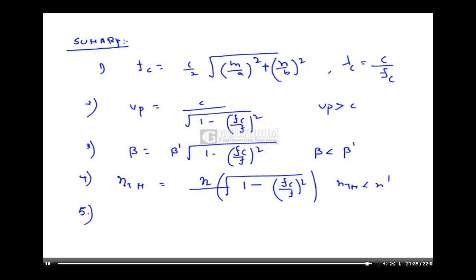And the fifth relation is 1 by lambda g square is equal to 1 by lambda naught square minus 1 by lambda c square. So these are the formulas we have to keep in mind for TM mode wave propagation. This is a summary of the discussion.